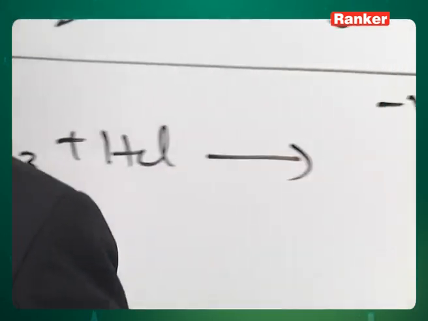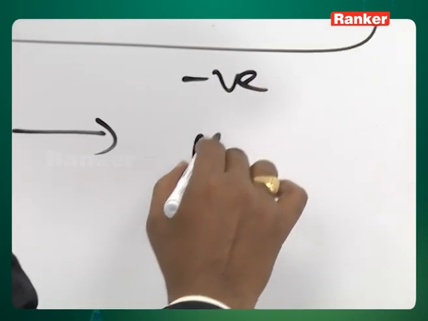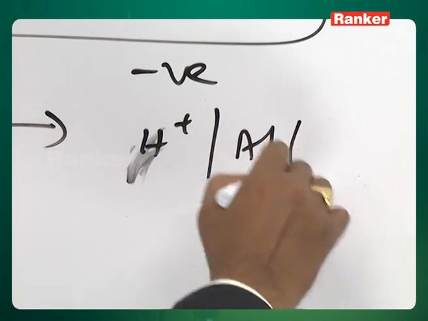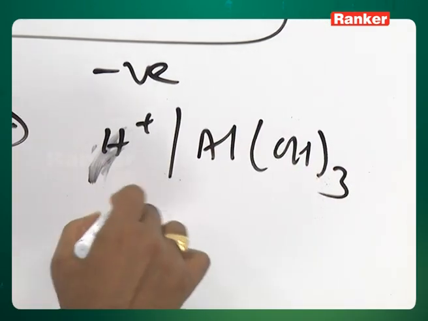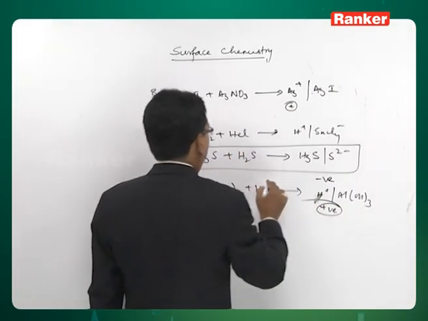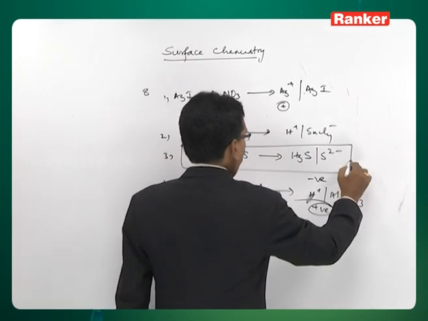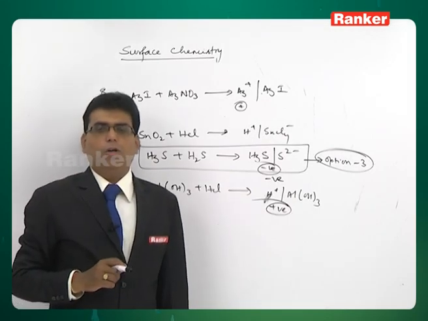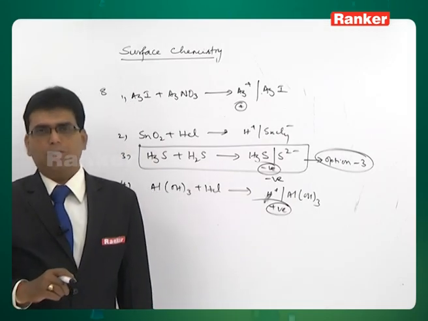When you add it, you will get H plus and Al(OH)3 positive sol. So finally, the third option is the correct answer, as you have a negative sol over here. The correct answer is option 3, H2S.